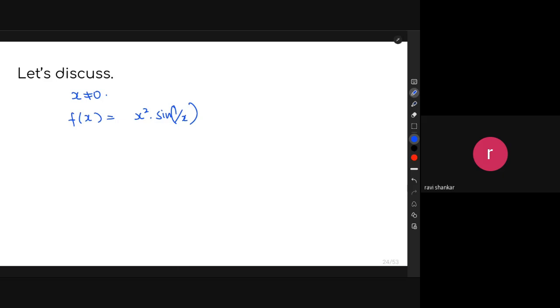This function is differentiable, and you can even calculate this limit by using the product rule, because this function is nothing but the product of two differentiable functions, so it is differentiable.